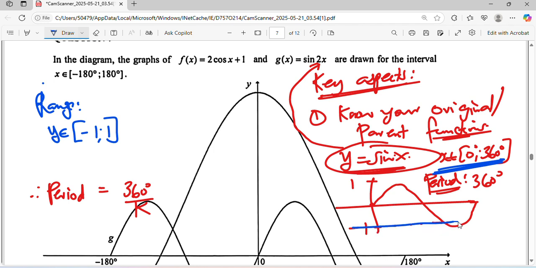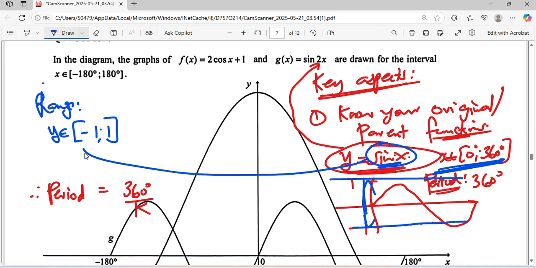That is where the function behaves on the y-axis. But as soon as there are other shifts or transformations on this function, your range will also be affected. For example, if the function is y equals 2 sine x, the range will be affected.